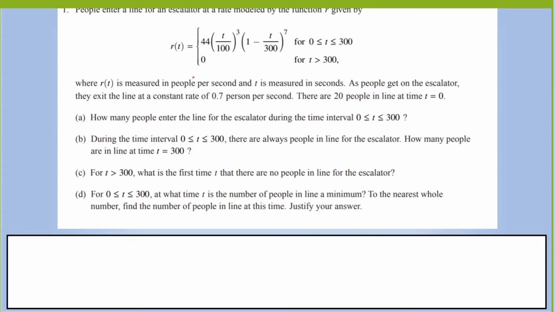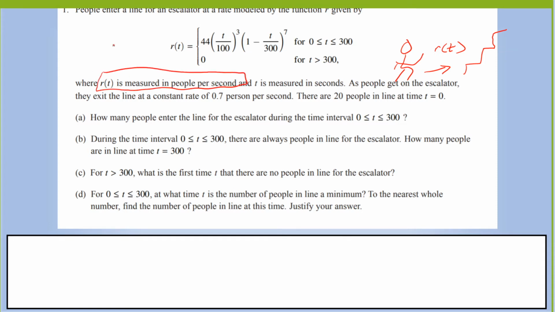What I have here is a rate at which people are entering the line for an escalator. An escalator is a set of automated stairs. So I've got a rate at which people are entering the line for the escalator, R(t), measured in people per second.